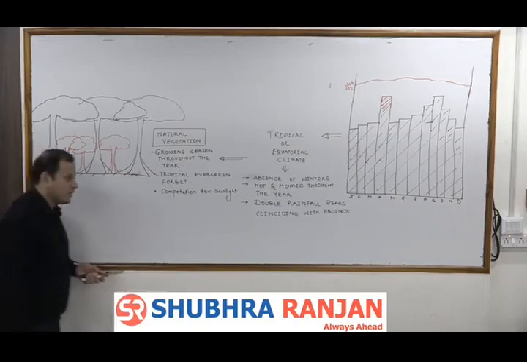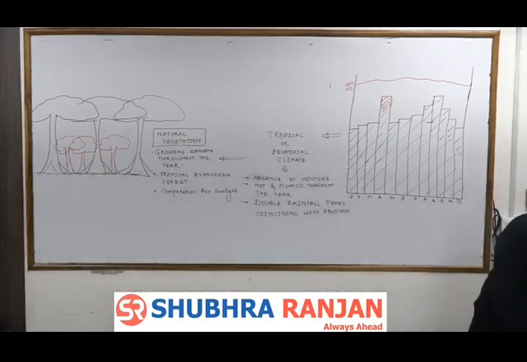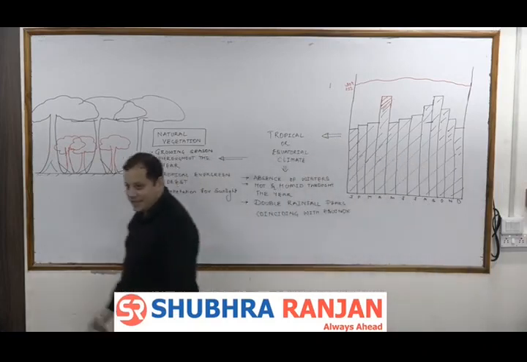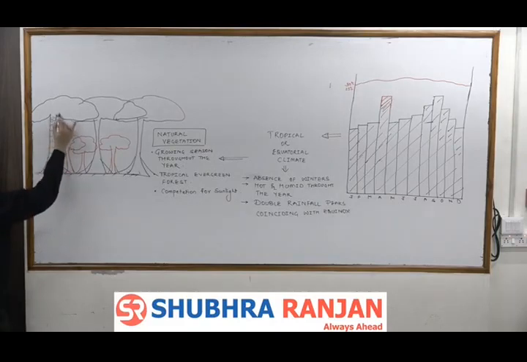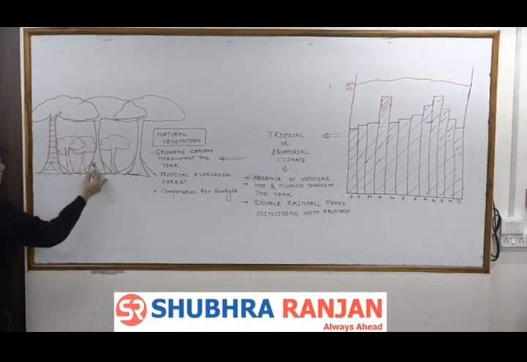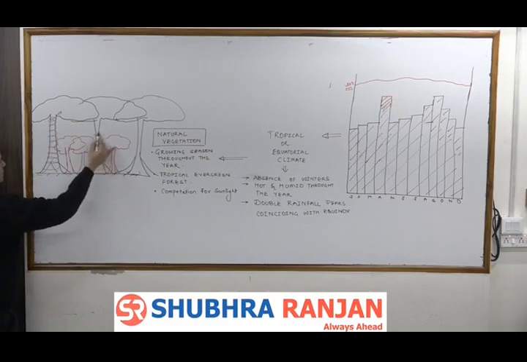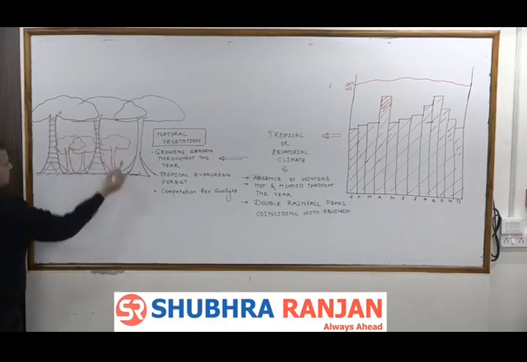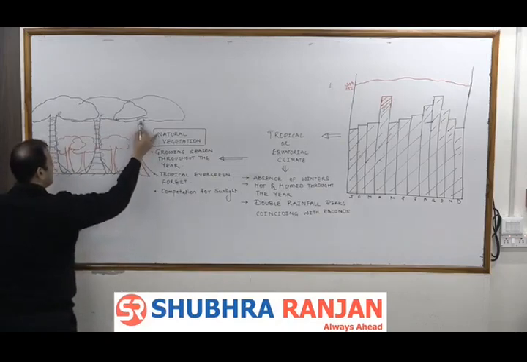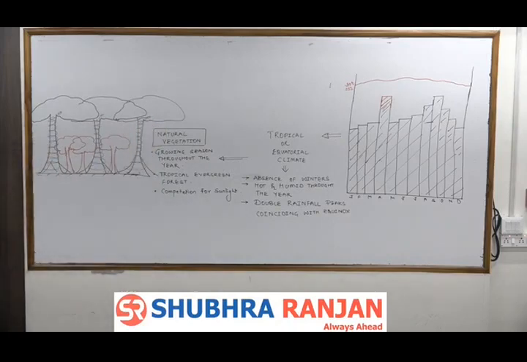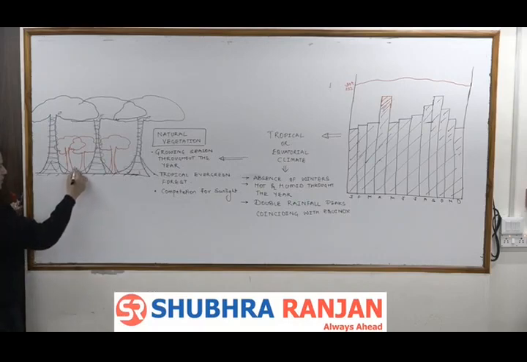Then there will be third layer of the trees who cannot grow on the filtered sunlight, neither can be so tall, so they will take the help of these trees and start climbing upwards. And then there will be fourth layer of tree. If it grows, it will grow here.